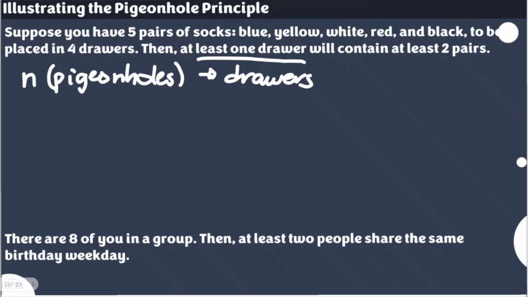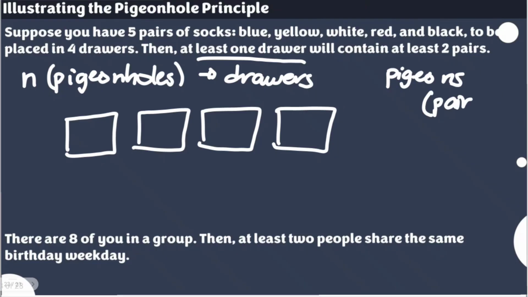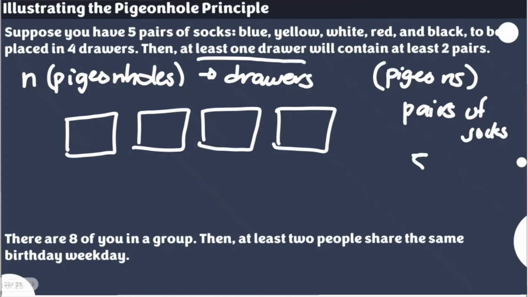So say, for example, you have your drawer number 1, and I'm just going to illustrate in this manner, number 3, and number 4. And then your pigeons, in this case pairs of socks, there are 5 of them, which will be placed in these 4 drawers.